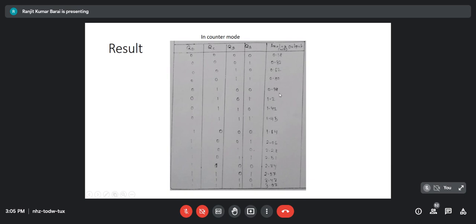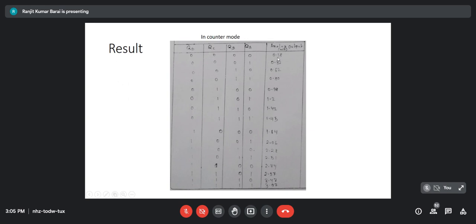All the components, although they were replaced many times, because of aging effects and other effects like temperature variation, you may observe some difference in the voltage output. That may be considered as system error or measurement error.